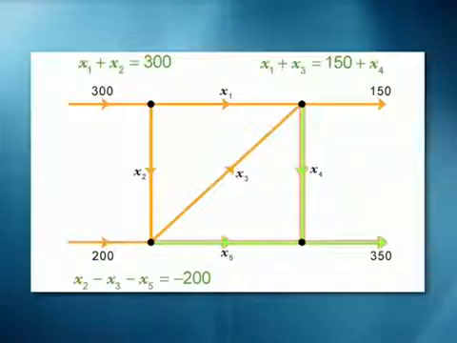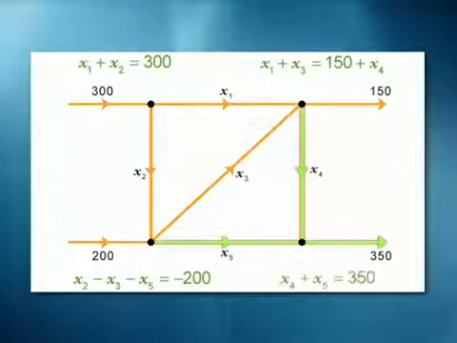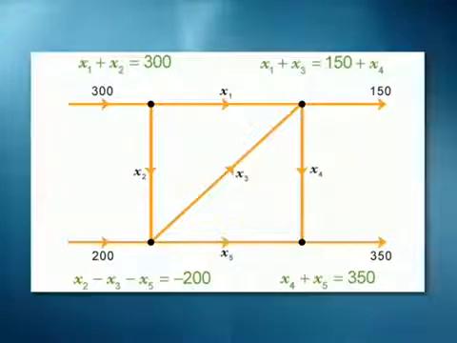And finally, the fourth node, we have x5 and x4 coming in and 350 leaving, so the sum of x4 and x5 has to be 350. Okay, so by analyzing each node here, each corner, we discover that we get equations involving the flow variables x1 through x5.